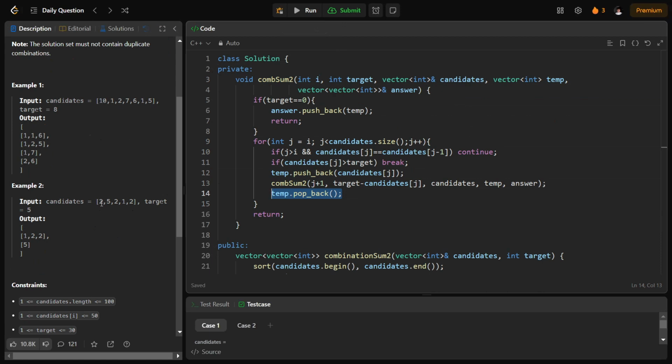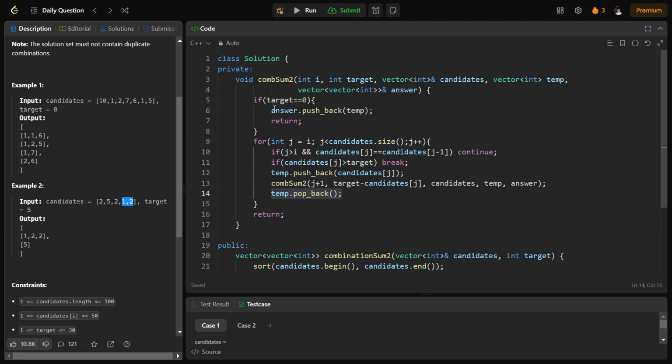So starting from the first, with these elements sorted, if I call for 0, I either take this 2 and find the solution using the remaining list, or I can take 5 and find the solution from the remaining list, or I could take this one to find the solution from the remaining list, and I go on and on till I find a solution or I reach the base case.